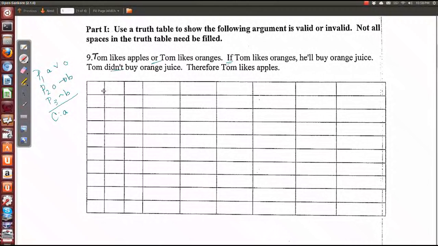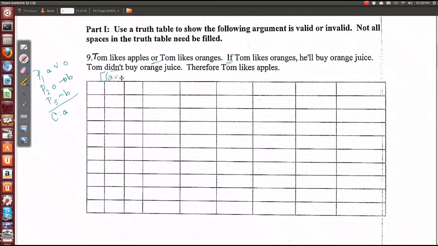Now we need to write our argument out. Remember that an argument is an implication. And an implication is a conjunction of statements called premises.